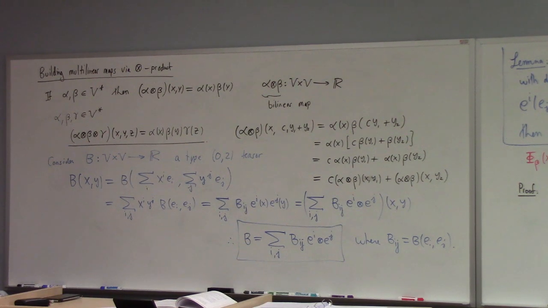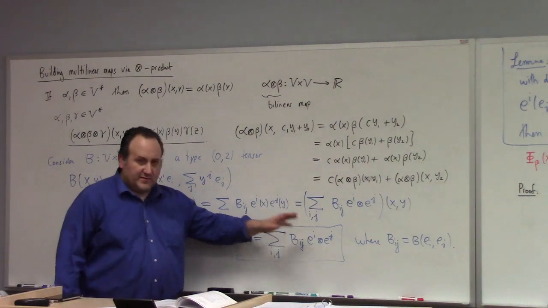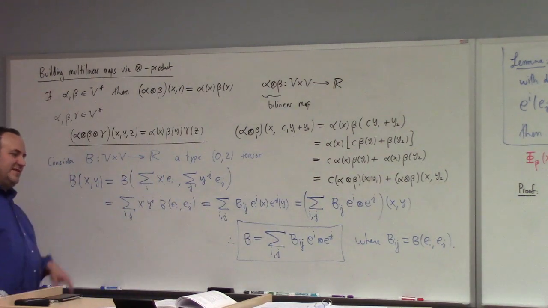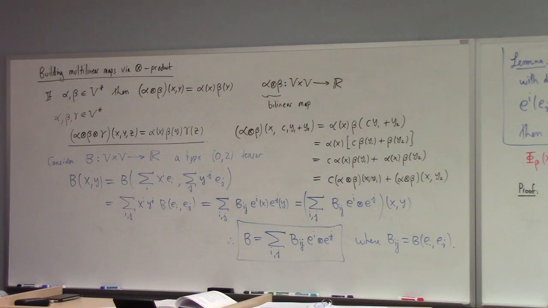I believe there's a way to define rank for a tensor in terms of how many dual vectors you need to tensor product and add together in order to get it. And that probably has something to do with the rank of B_ij as a matrix as well, but maybe not. I don't know that stuff very well, so I'm not going to say more about it.